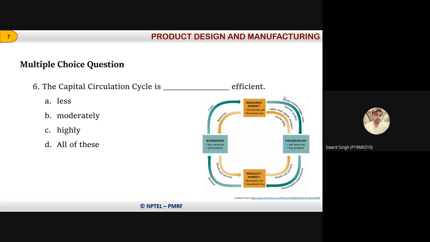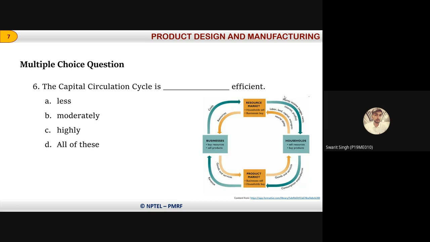The usefulness of that product is not defined by the firm. If there is a need, household people will use it. If there is no need, no one can force them to use it, right? So because of these external effects, this circulation cycle is not efficient in terms of finance.